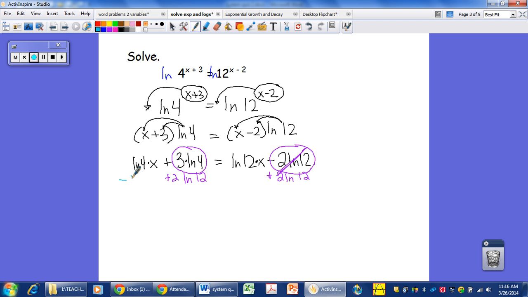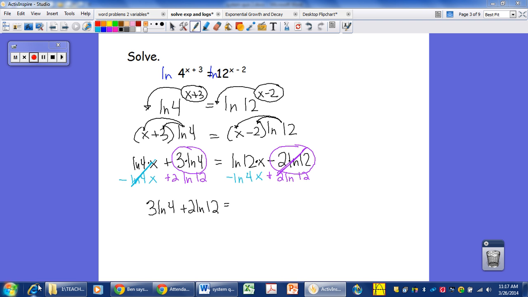I'm going to subtract the natural log of 4x from both sides, which gets rid of it there. So if I have 3 natural log of 4 plus 2 natural log of 12, let me just put that into my calculator real quick.